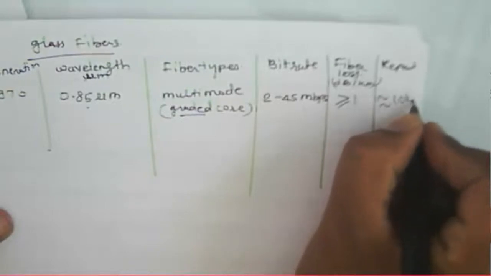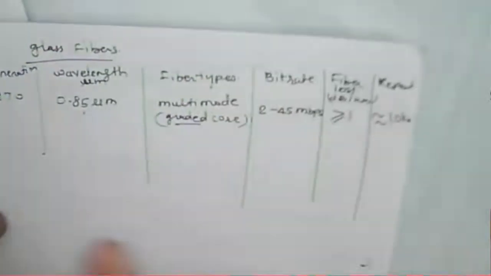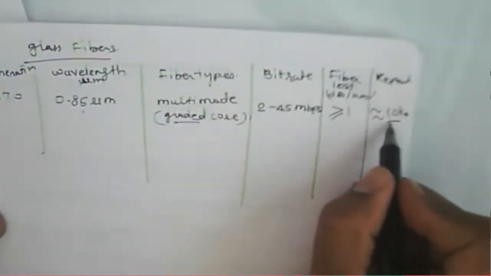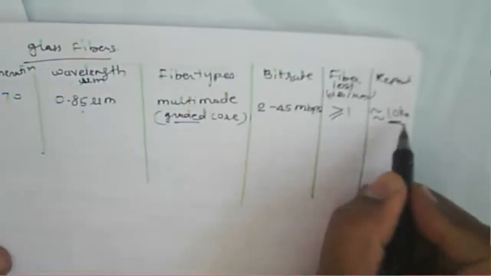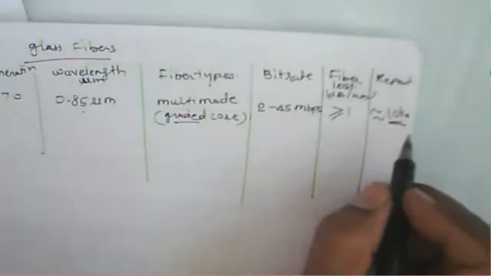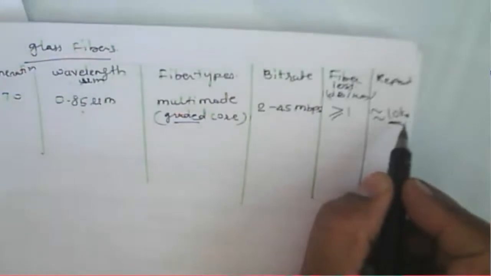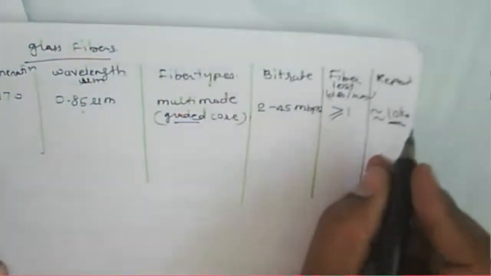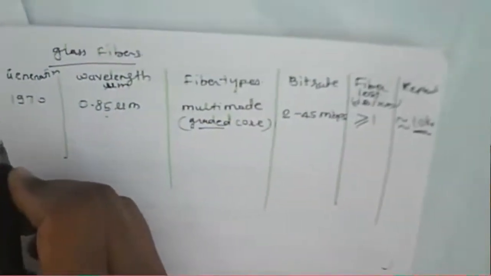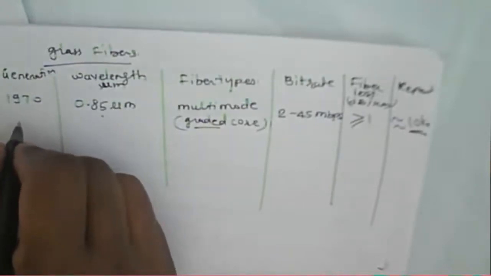Then a repeater is to be used after every 10 kilometer. If it is not readable, just remember that it is about 10 kilometer.